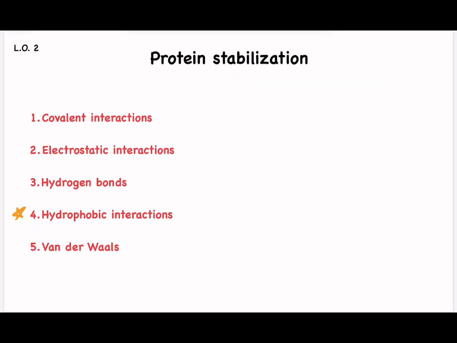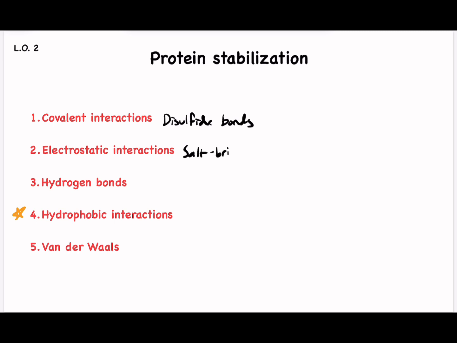And so moving on, we're just going to do a quick recap from content that was actually covered in the last video about certain intermolecular forces, like the ones I've listed below, that are responsible for stabilizing secondary, tertiary, and quaternary structures in proteins. And so just remember that covalent interactions, an example of them are disulfide bonds, which we've talked about in length. An example of electrostatic interactions can be salt bridges.